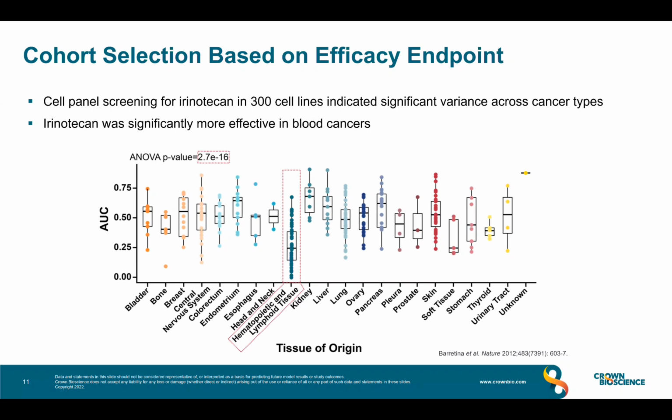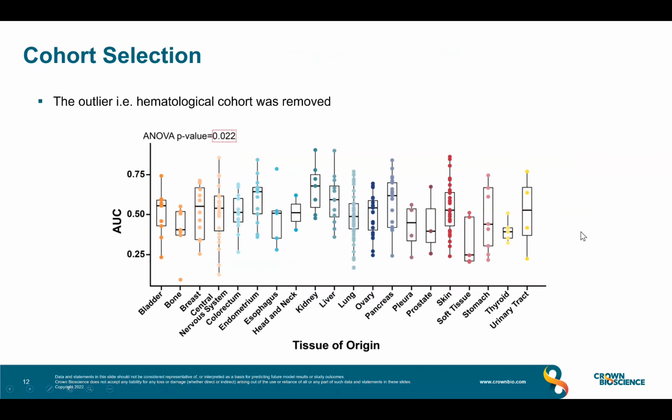Here we plot the distribution of 300 cell line responses represented by AUC values, separated by tissue of origin. We observe significant differences across cancer types, and irinotecan is more effective in blood cancers than solid tumors. If we remove blood cancer cell lines, the variance of in vitro response in all these 257 solid tumor cell lines is relatively small.